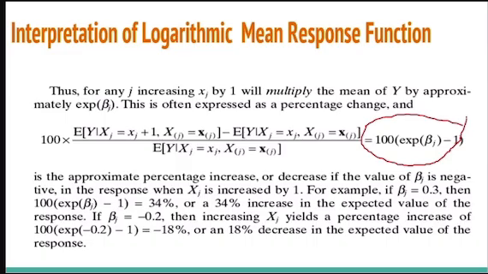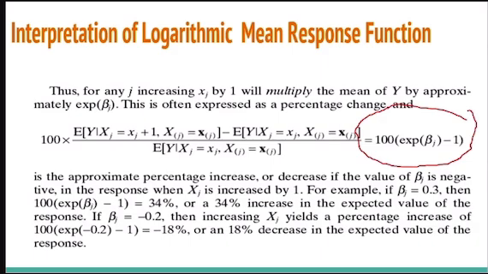Does that make sense? Now take a look at this. Before you can interpret the beta that you got in the model, you need to first plug it here. For example, if my beta 1 is 0.3, and that 0.3 corresponds to an explanatory variable that is not logged, but the response variable is logged, I plug 0.3 into this, and that gives me 34%.